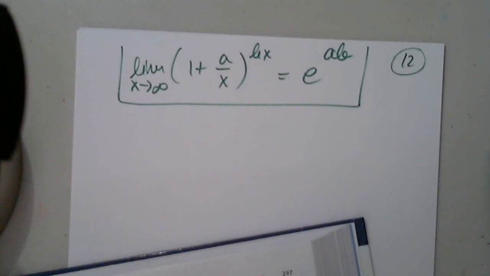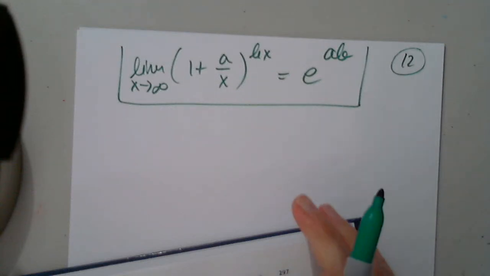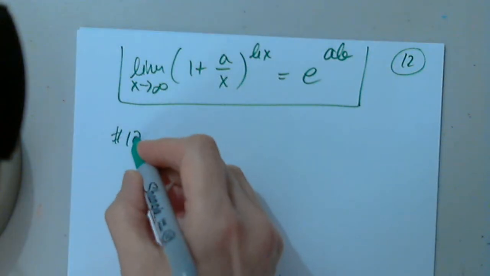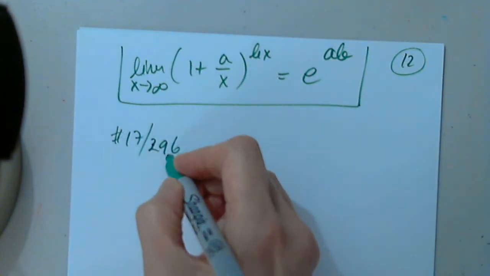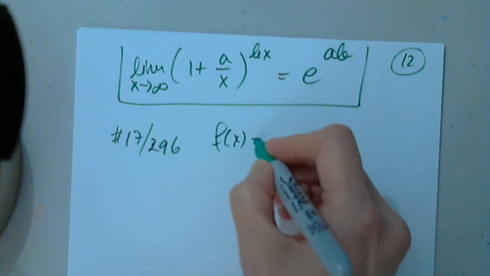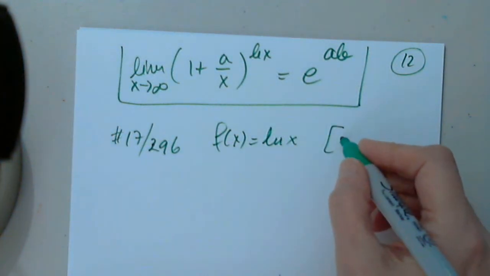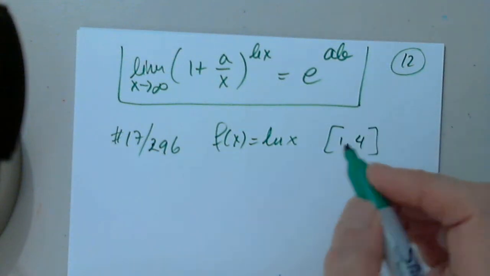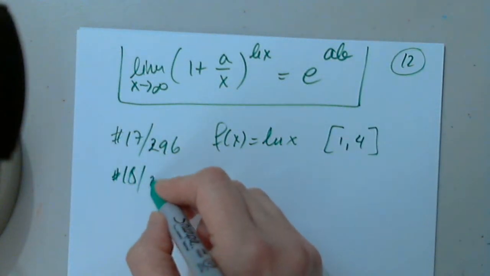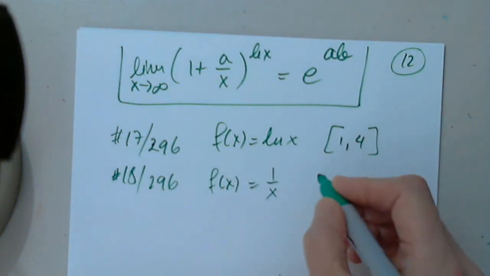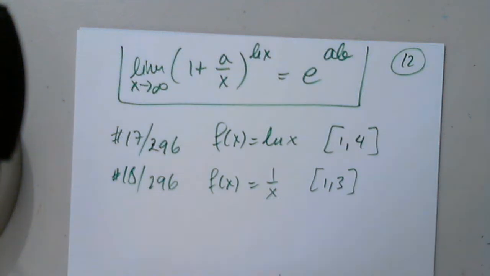Let's look at 17 on 296. We have f of x. Did we work on this problem? If we did, we'll choose another. So this is one option. 18 is another option. f of x equals 1 over x on 1 comma 3.